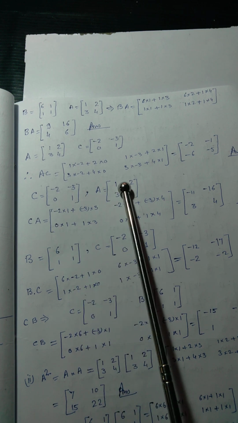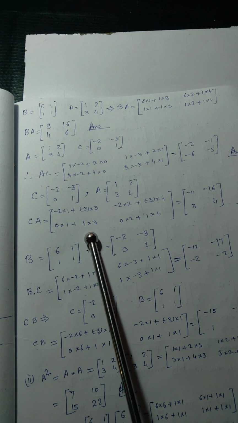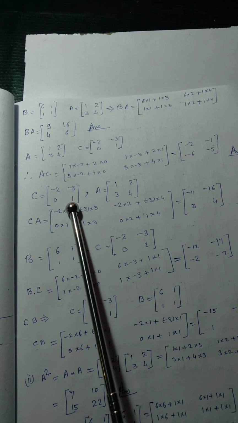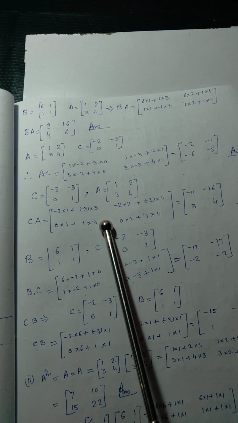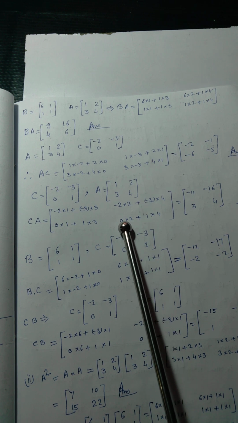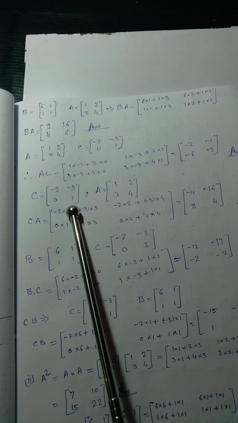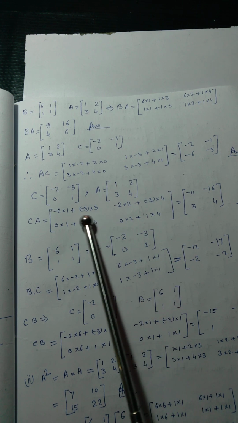Now 0 will be multiplied to 1, so 0 into 1 plus 1 into 3. Now 0 will be multiplied to 2 and 1 will be multiplied to 4, so 1 into 4. Now sum up.